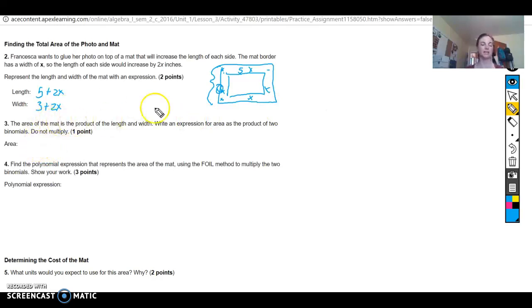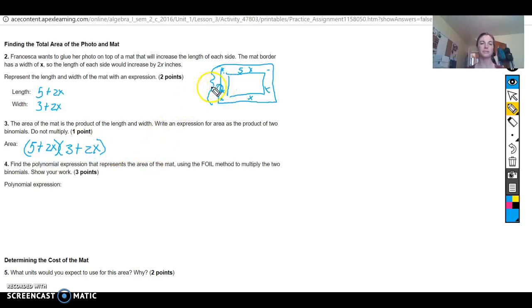So if my area of my photograph is 3 by 5, okay, then the area of the mat is going to be 5 plus 2x times 3 plus 2x.